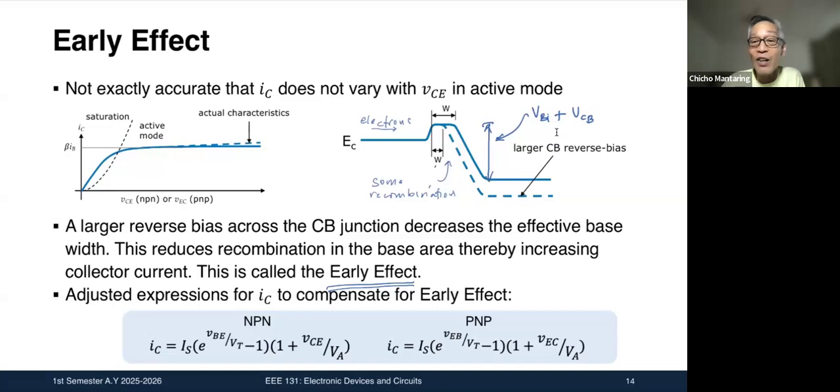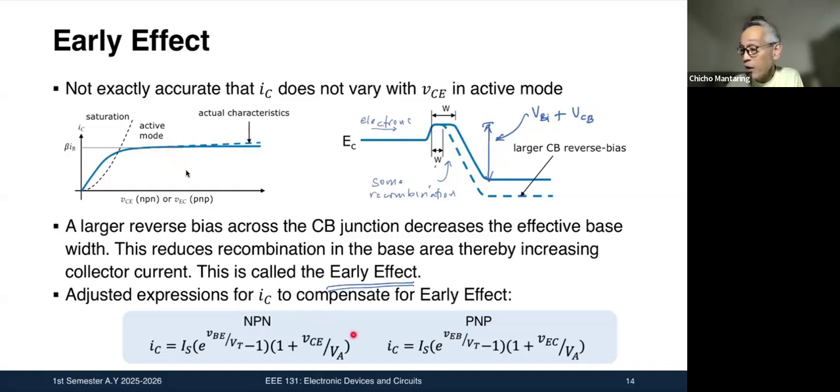Unfortunately, the answer is large, but I'd like to commend you for trying to answer. The answer is it's better to have a large early voltage. The reason is this increase in IC, we don't really want that. We really want this to be flat. We want this to be flat. We don't want this slight increase. We don't like the early effect.